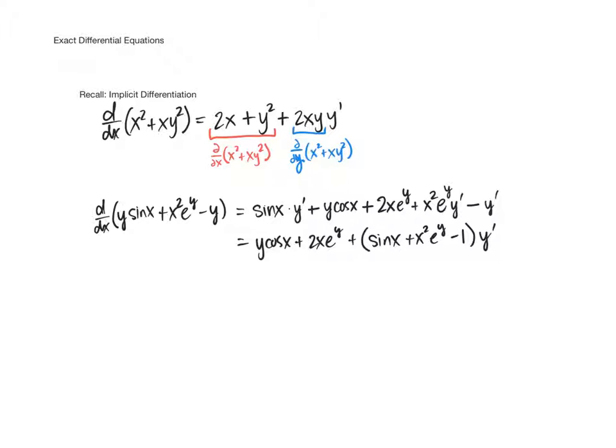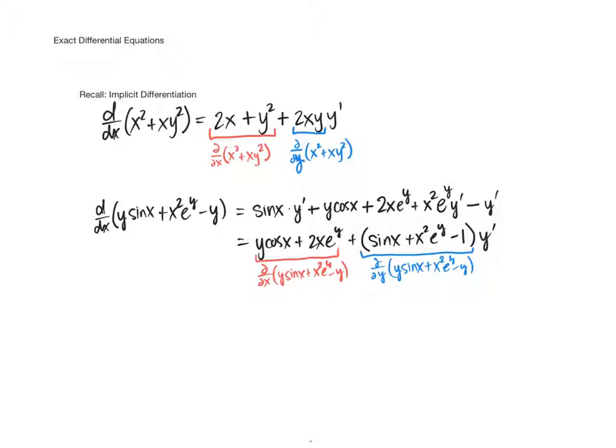And so what I want you to notice here is, again, this first part is the partial derivative with respect to x of y sine x plus x squared e to the y minus y. And this part here is the partial derivative with respect to y of y sine x plus x squared e to the y minus y. So we have the partial derivative with respect to x of the original function plus the partial derivative with respect to y of the original function times y prime.